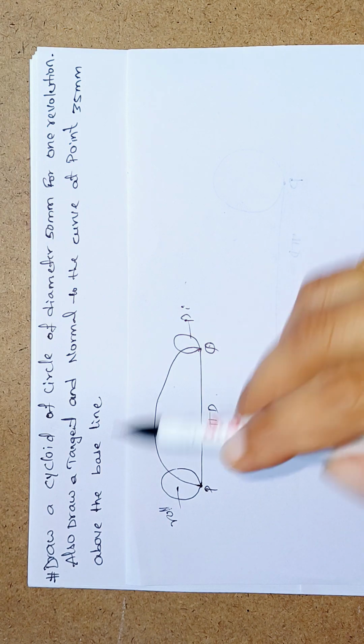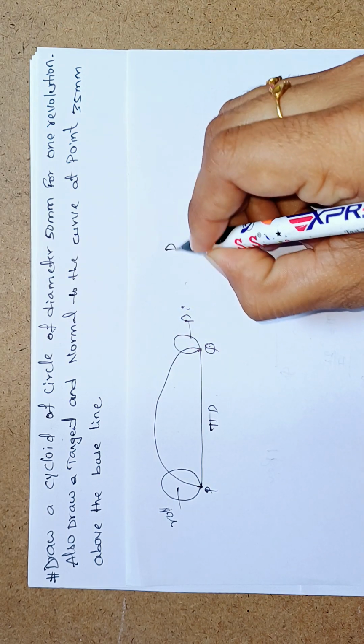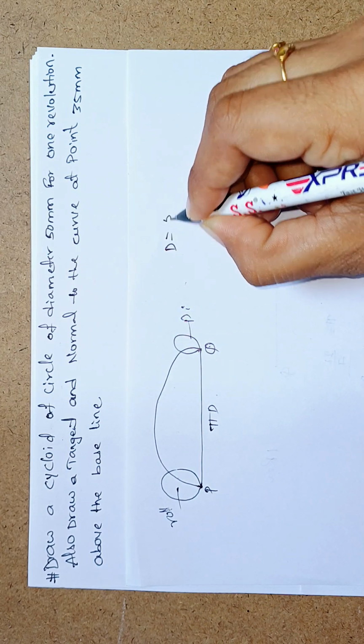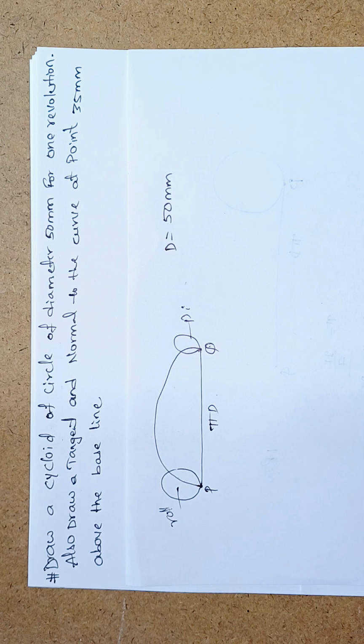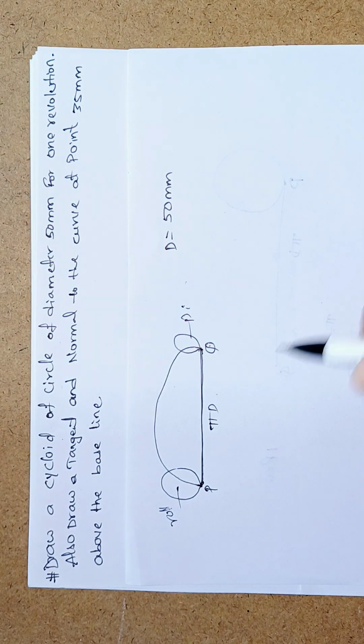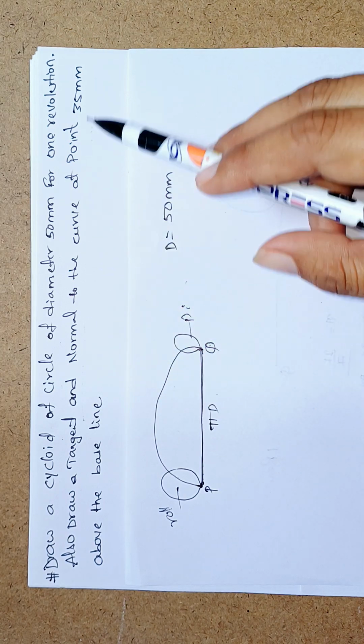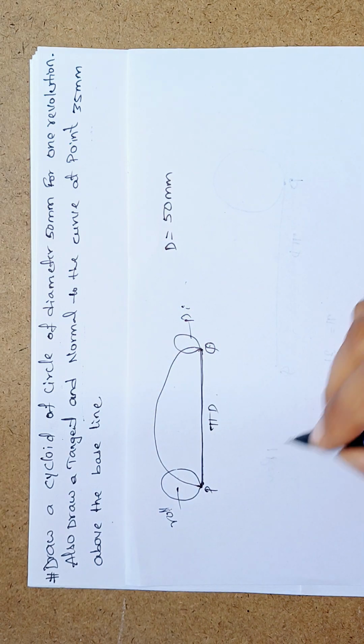Given the question, draw a cycloid of a circle of diameter D equal to 50 mm for one revolution. Also draw a tangent and normal at the point 35 mm above the baseline.